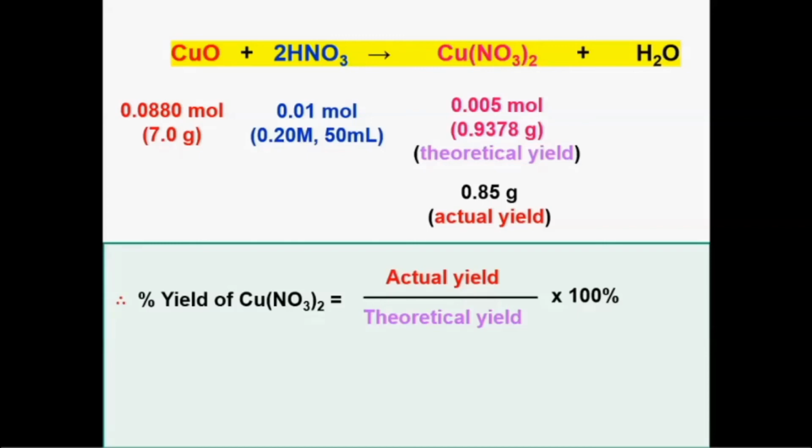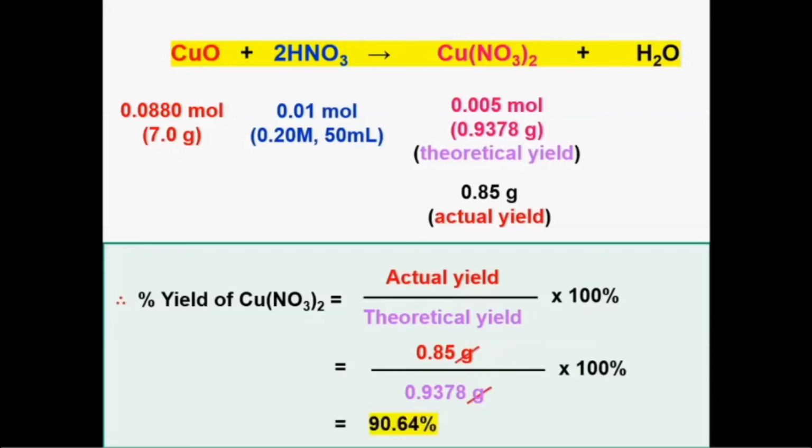So the actual yield is 0.85 grams, divided by 0.9378 grams, times 100%, and we are going to get 90.64%. And that is the percentage yield of copper nitrate. It is just 90.64%. So that is how we calculate percentage yield.